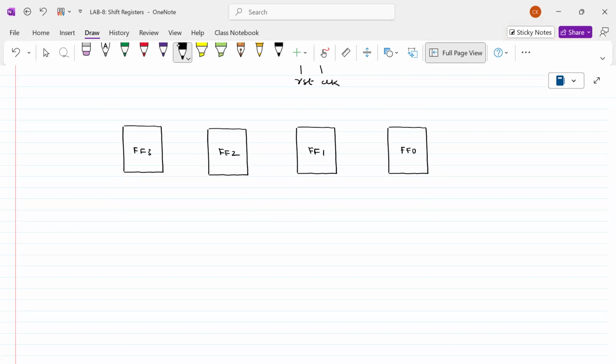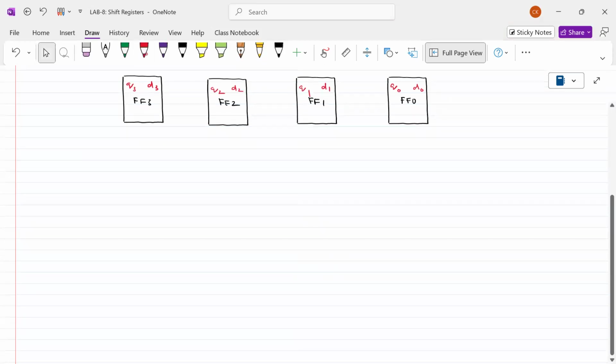Now, we have already declared the D flip-flop. Here we have D0 and Q0, D1 and Q1, D2 and Q2, D3 and Q3. This kind of flip-flop we have already written previously. Let us take the clock of this.